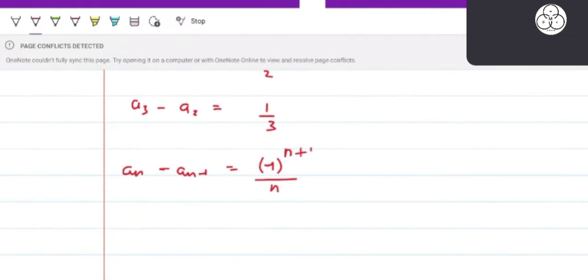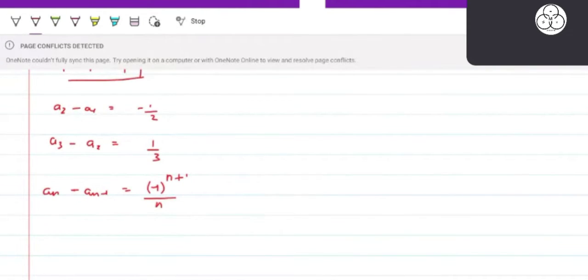And we'll add them up. This is continued. Adding them, what will we get?